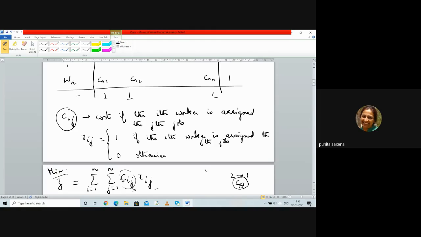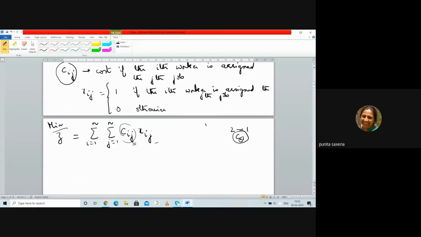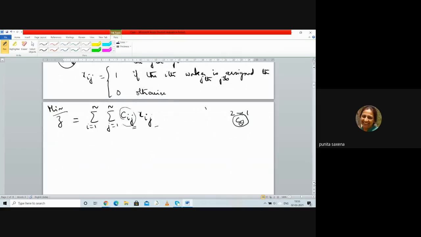But then, the constraints remain the same as we had in the case of the transportation problem, because we had constraints based on resource availabilities and constraints based on demand destinations. So we had summation xij equal to a1, a2, and so on and so forth.